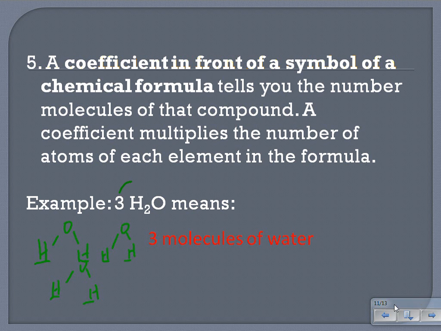So I've taken this 3 and I've multiplied it by 2. How many oxygens do I have? 1, 2, 3 oxygens. So I've taken that 3 and multiplied it by 1 oxygen. So if you look at it like that, 3 molecules of water gives you 6 atoms total of hydrogen and 3 atoms total of oxygen.